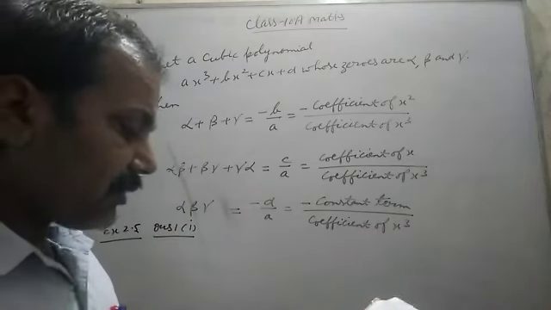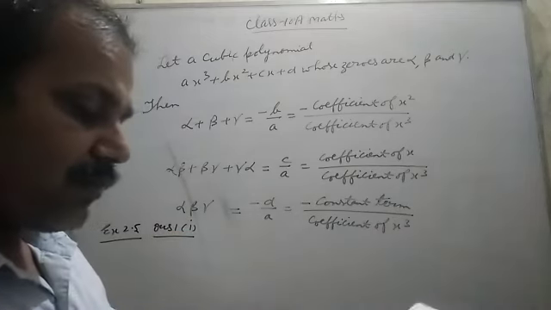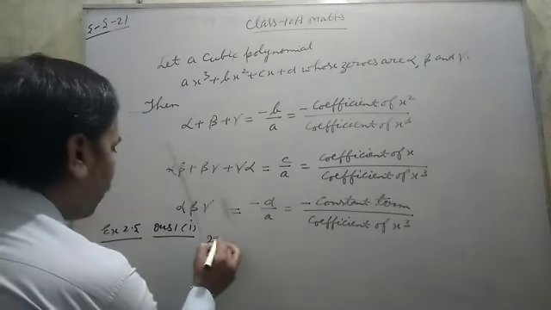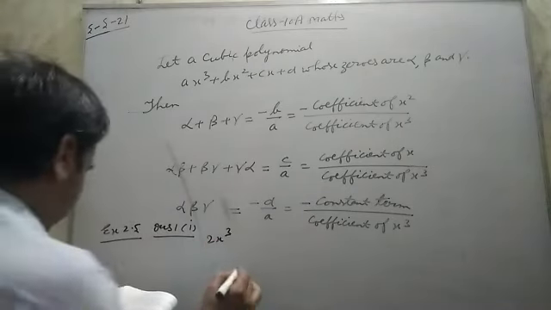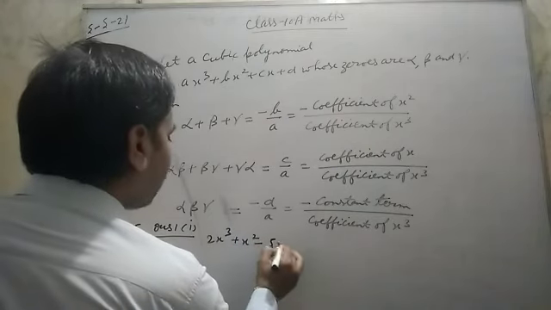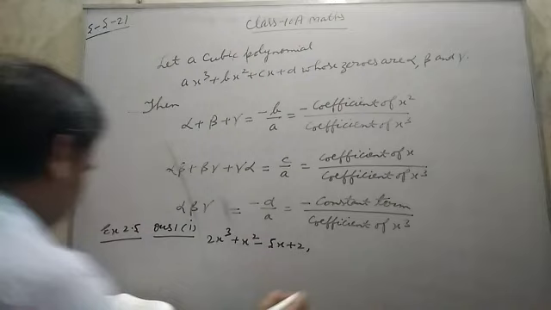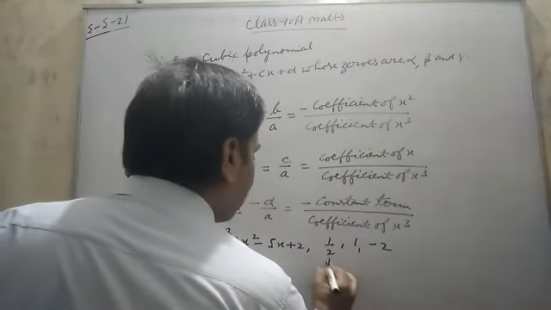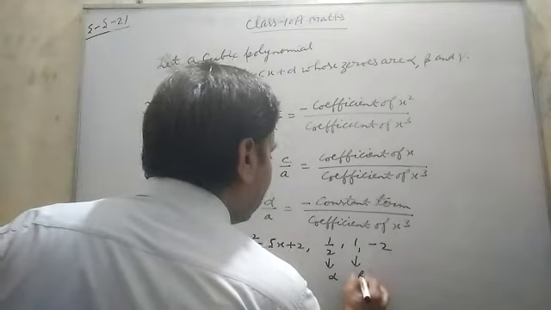Verify that the numbers given alongside of the cubic polynomial below are their zeros. Means cubic polynomial is 2x cube plus x square minus 5x plus 2, and here given 1 by 2, 1 and minus 2. So this is alpha, this is beta, and this is gamma.